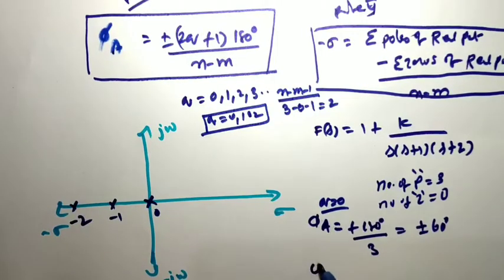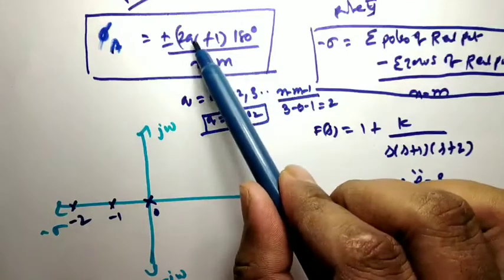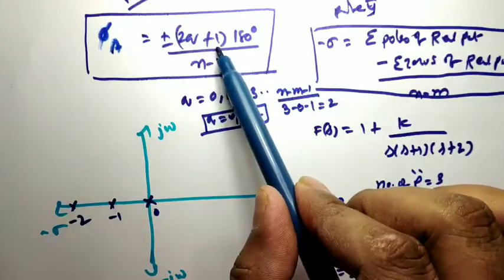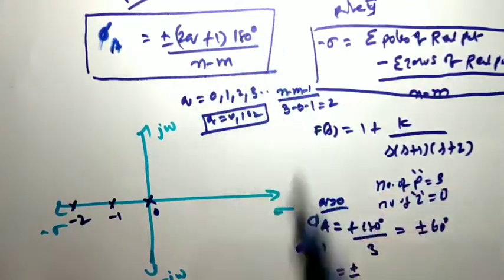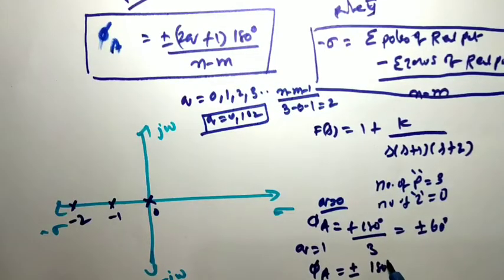Next you substitute q is equal to 1. When q is equal to 1, what happens? 2 plus 1 is 3, the 3 gets cancelled, so you will get plus or minus 180 degrees, right? Then we have to find the asymptote when q is equal to 2.